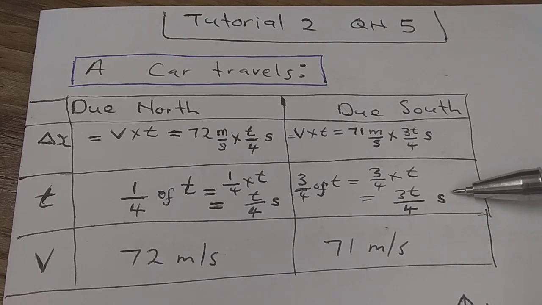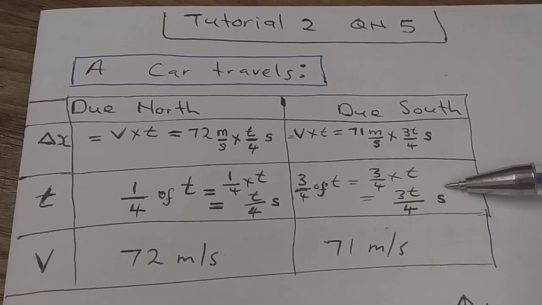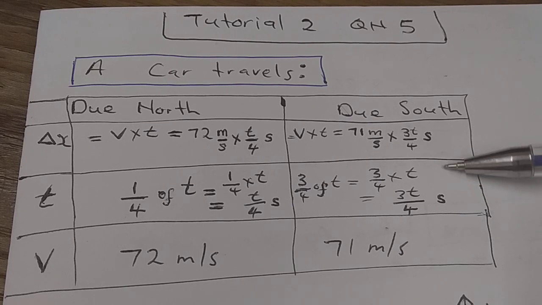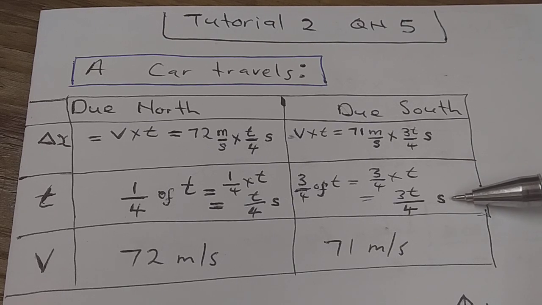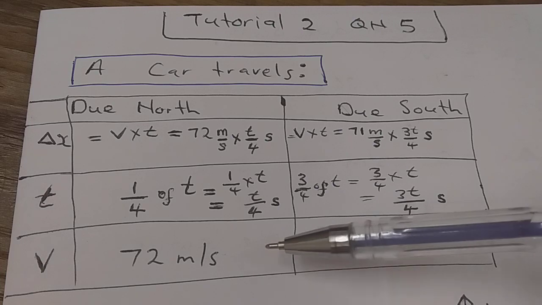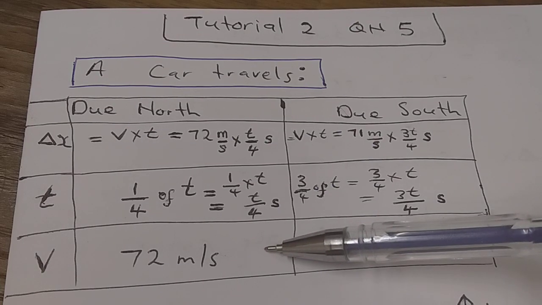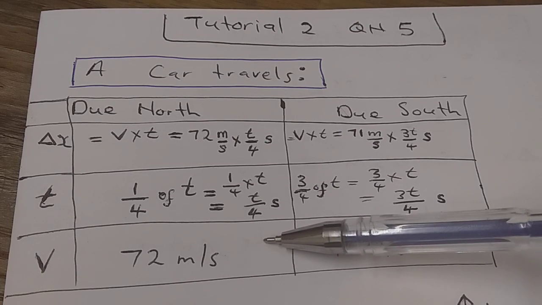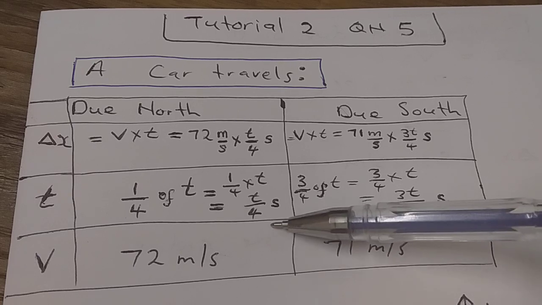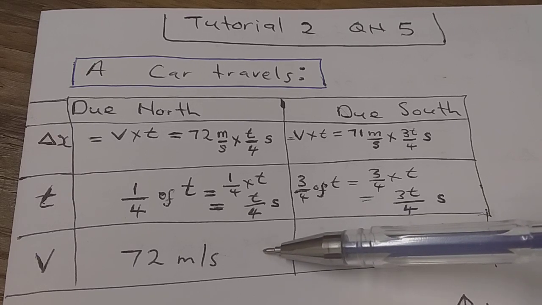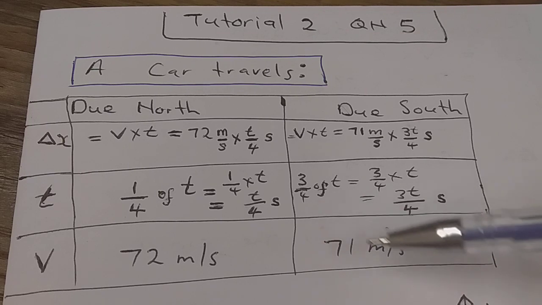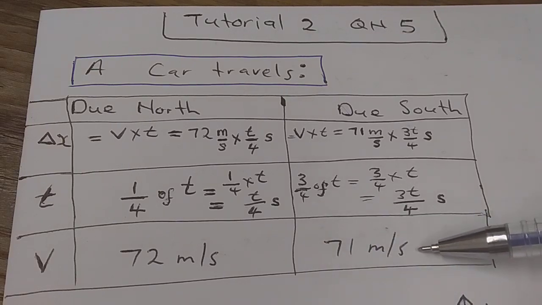This is the time taken to move due south. The average velocity as the car moved due north was 72 meters per second, and the average velocity as the car moved due south was 71 meters per second.